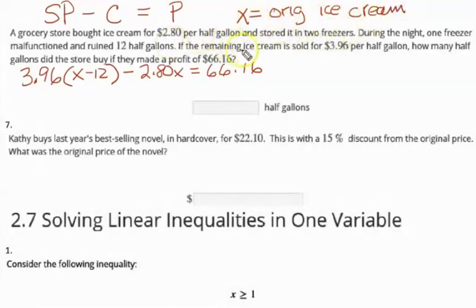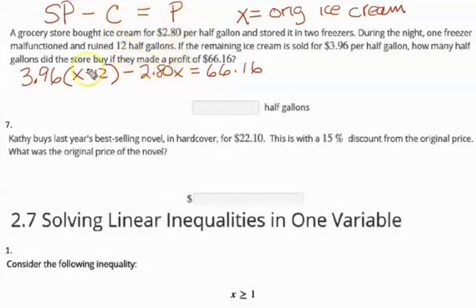Now, because of the freezer problem, he lost 12 half gallons. But this was the original amount that he purchased, and it cost him $2.80 for each half gallon. So this was the cost here.